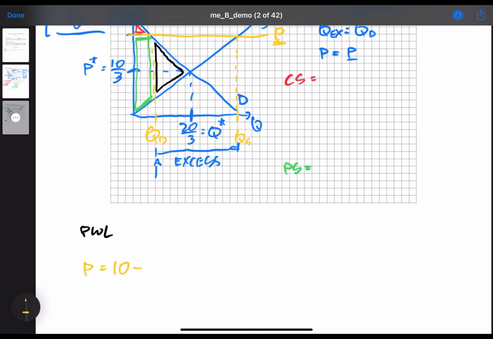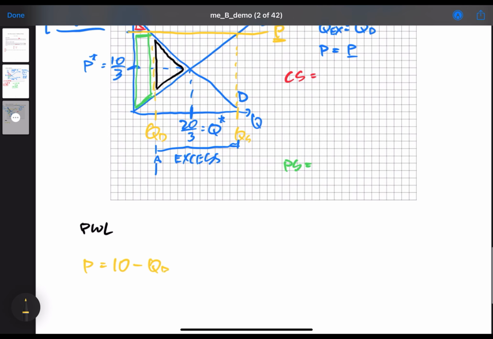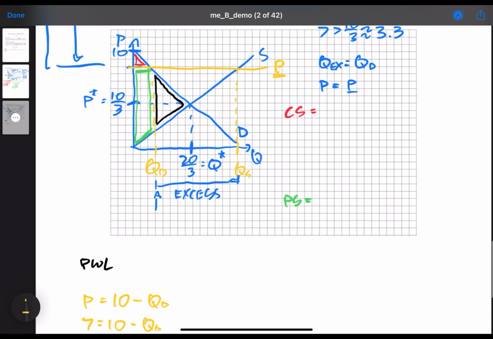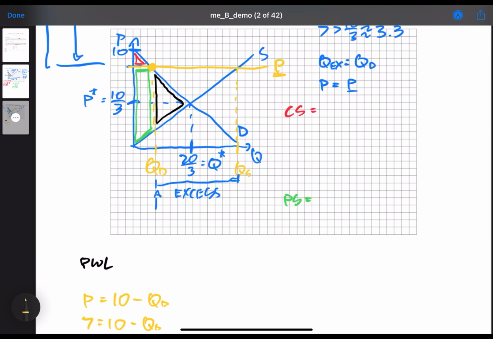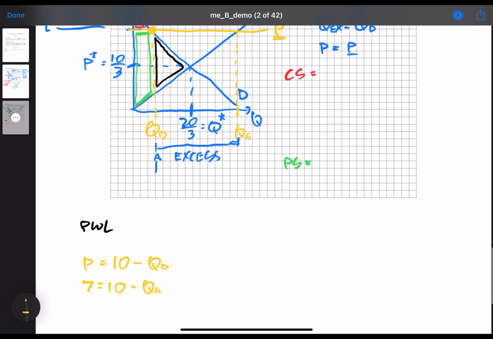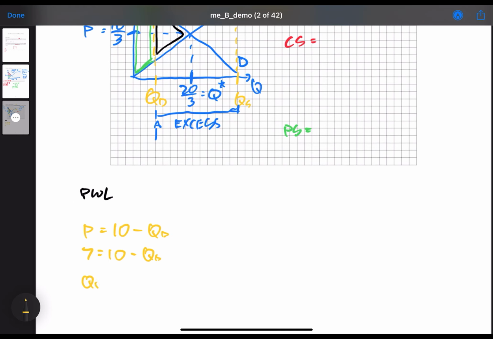Price is equal to 10 minus QD. And we could rearrange this if we wanted to, but I usually find it easier just to use the numbers or the format we're given. So here we have 7 is equal to 10 minus QD. So we're plugging in the price to find this point right here. So that gives us a QD of 3.